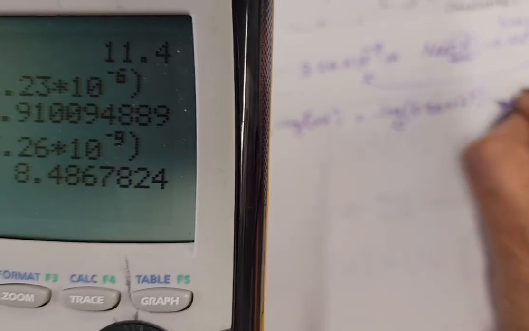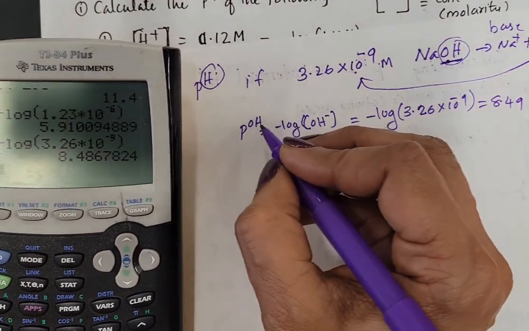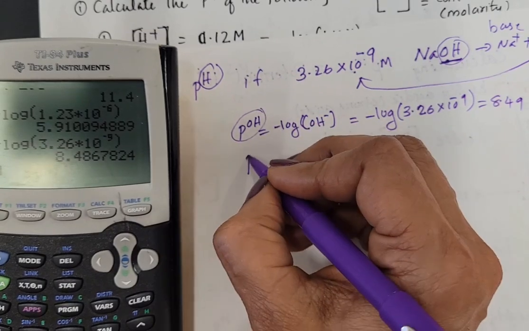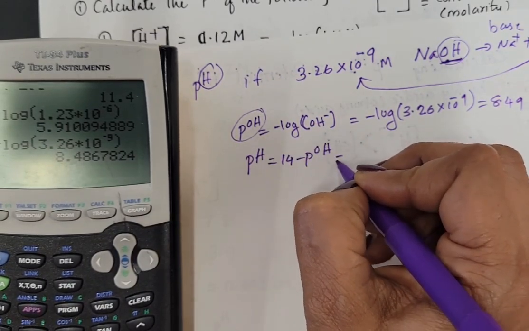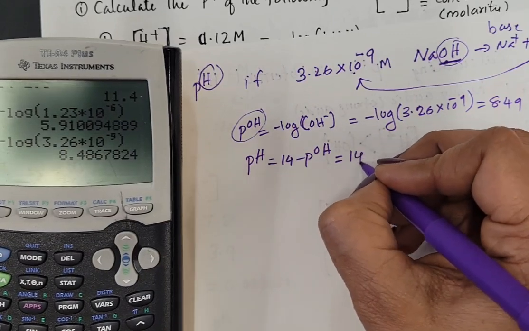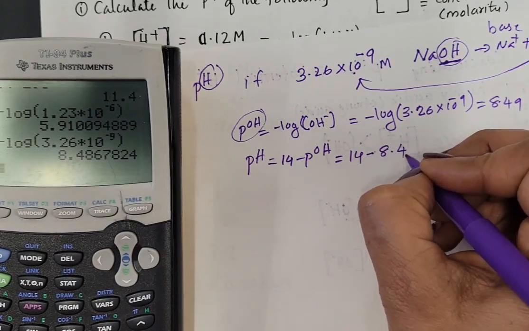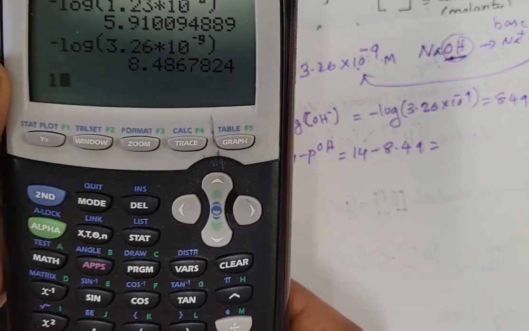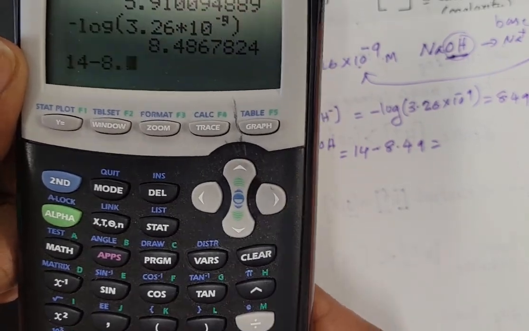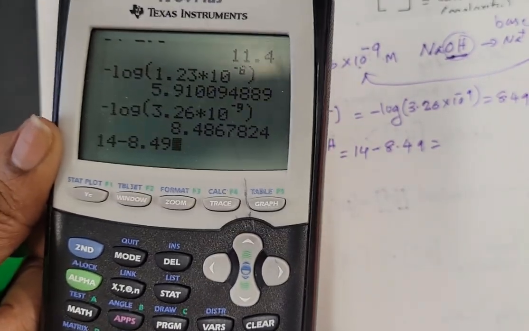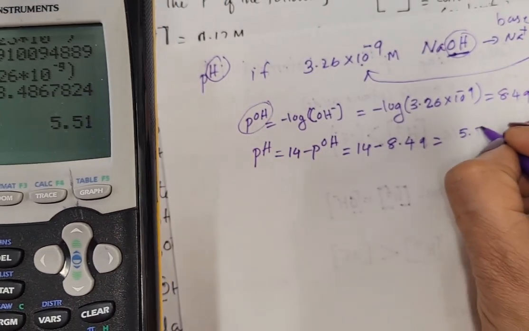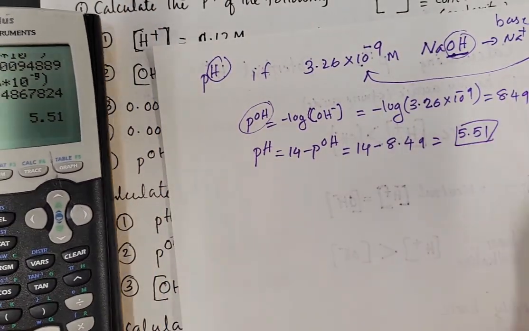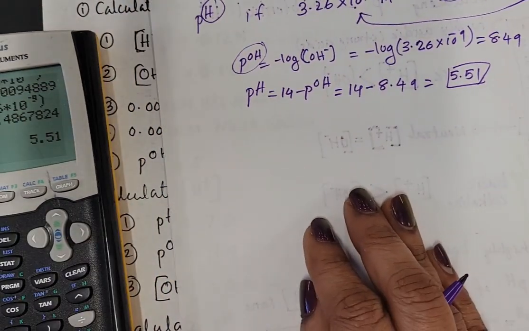So I'll round that to 8.49. Okay. Now, since it is pOH, we need pH, which is 14 minus pOH. So just subtract 14 minus 8.49, which is 5.51. Okay, that's easy.